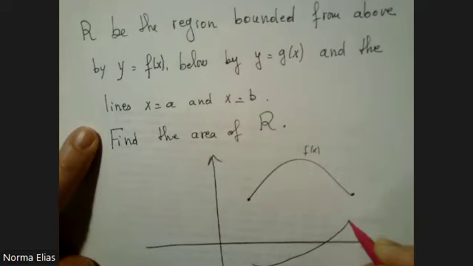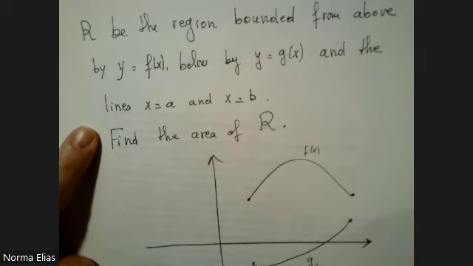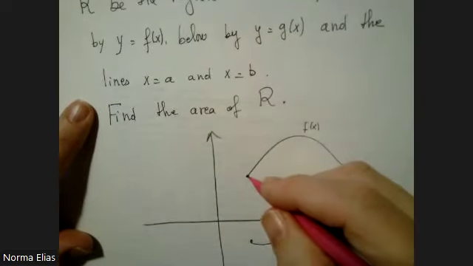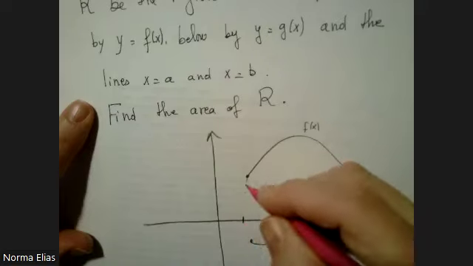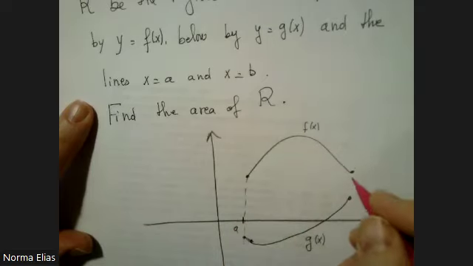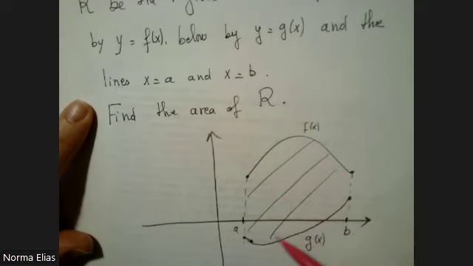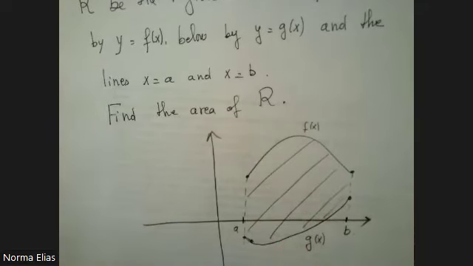Nothing is necessarily positive here, but we know the top and we know the bottom. That's g of x. The line x equals A. This is A. So I have to start from here. And the line x equals B. This is my B right there. And the region in question is this one. And the question is, find the area of the region.